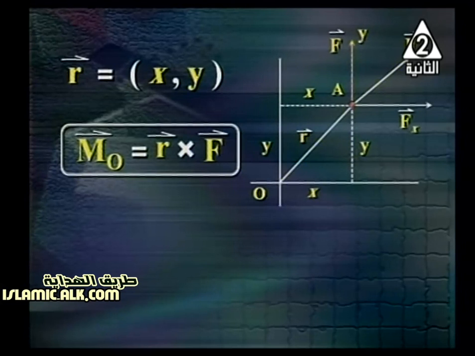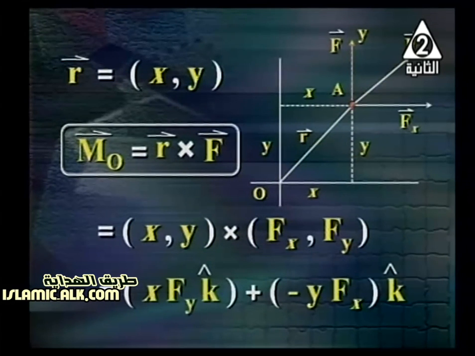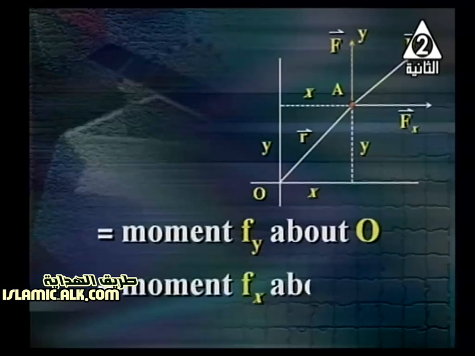The r vector means point (x, y). The F vector means (Fx, Fy), two coordinates. Then, using x multiplied by Fy in k minus y times Fx in k vector, this is the moment of Fy about O plus the moment of Fx about the origin point.